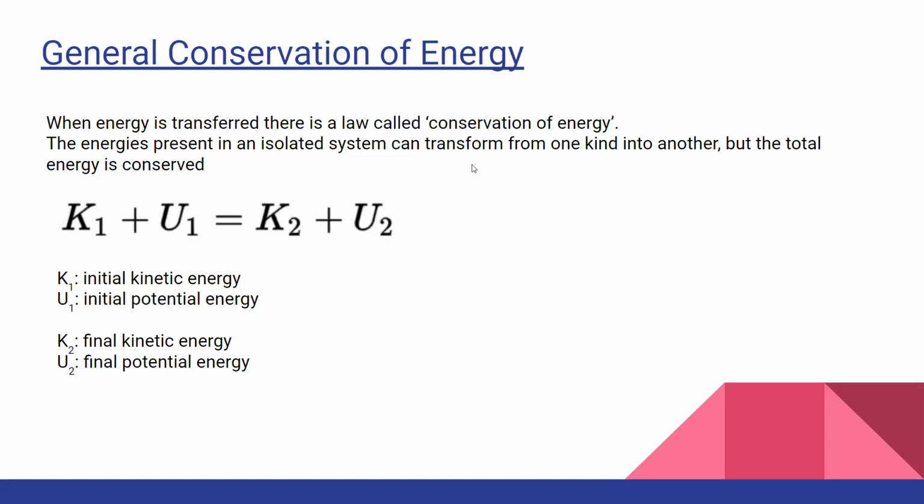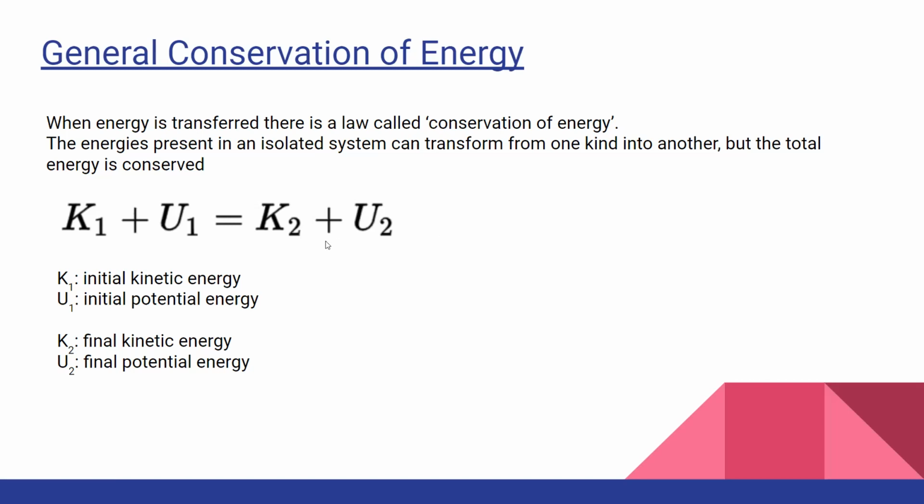Unless there's external work being done on a system, for example friction taking away work from a system, the total energy has to be conserved. And all the changed energy has to be converted into outside work.